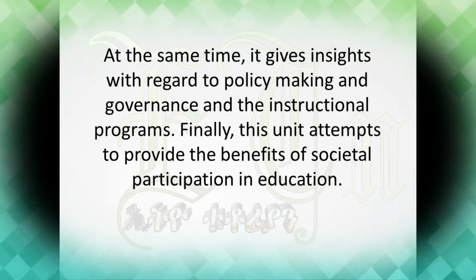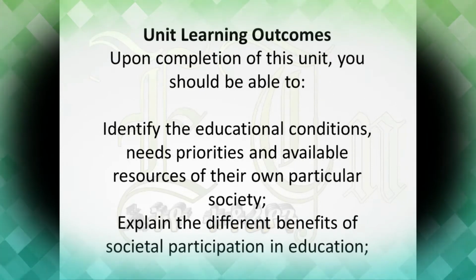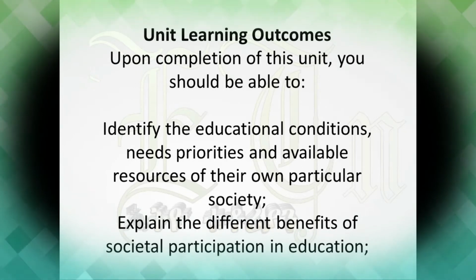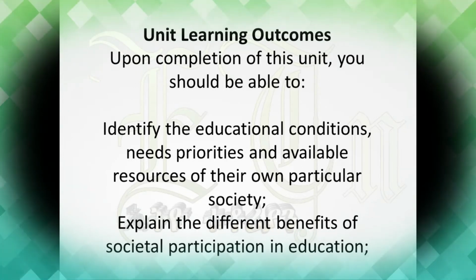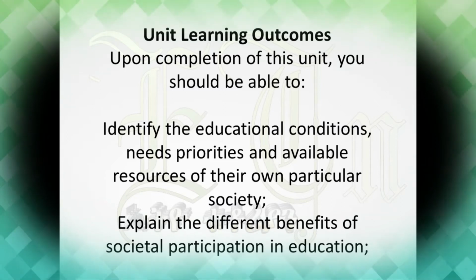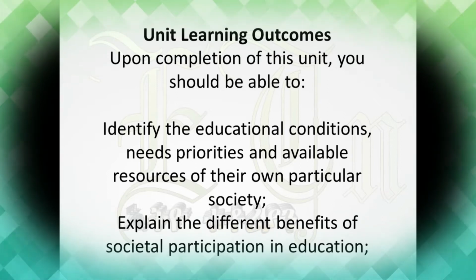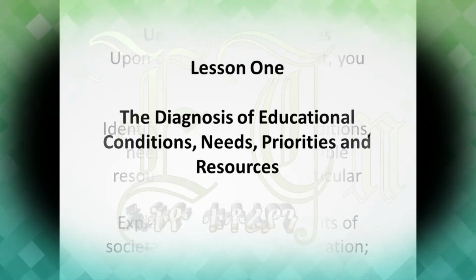Finally, this unit attempts to provide the benefits of societal participation in education. Unit Learning Outcomes. Upon completion of this unit, you should be able to identify the educational conditions, needs, priorities and available resources of your own particular society. Explain the different benefits of societal participation in education.